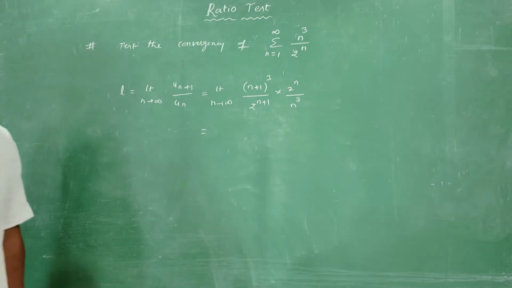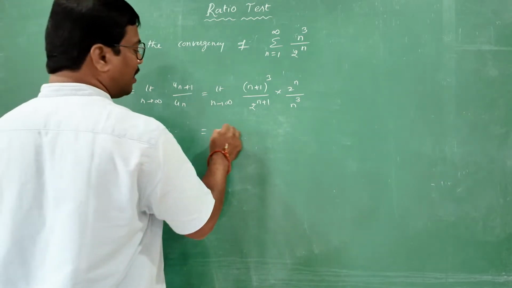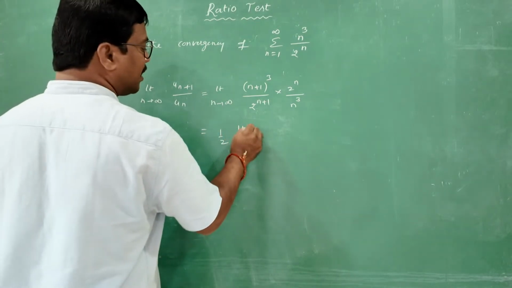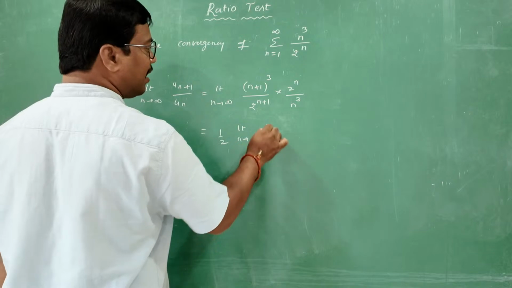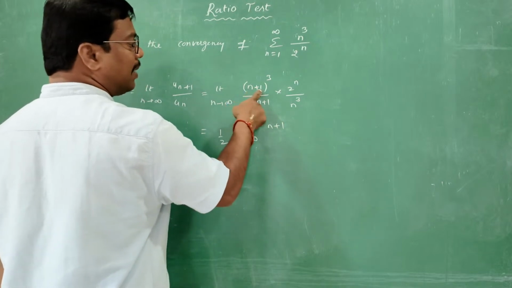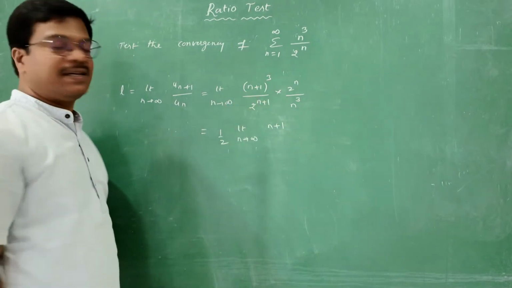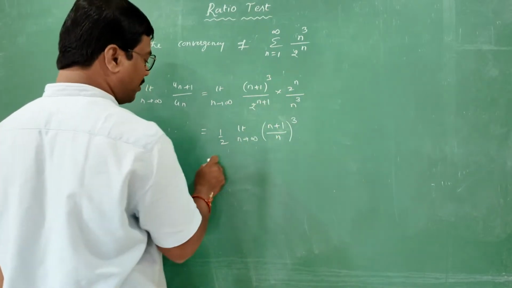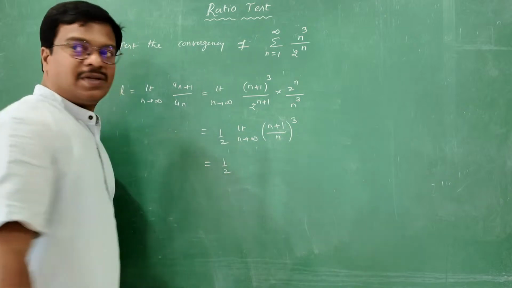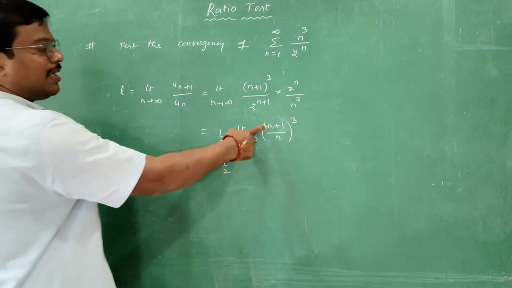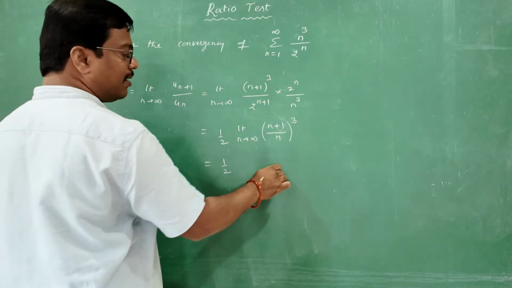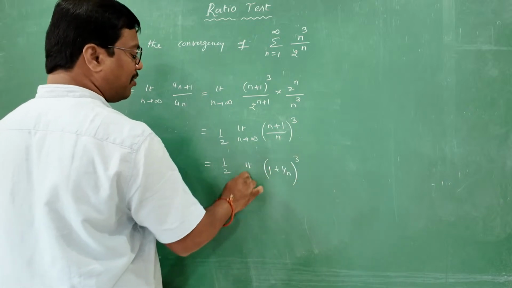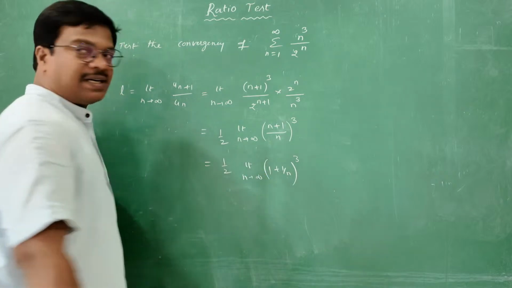What is 2 power n by 2 power n plus 1? 2 power n gets cancelled. What we get is 1 by 2, a constant outside. Next, as n tends to infinity, this is n plus 1 by n whole cube. In the next step I am going to write 1 by 2 times, observe this, n by n gets cancelled, 1 remaining, 1 by n whole power 3, and here you have to apply limit n tends to infinity.